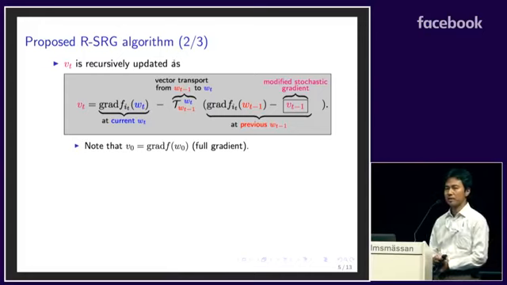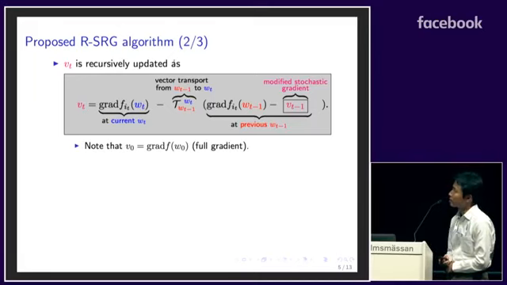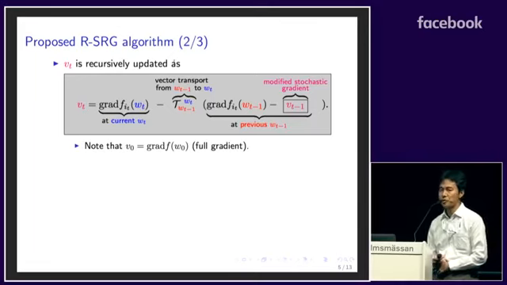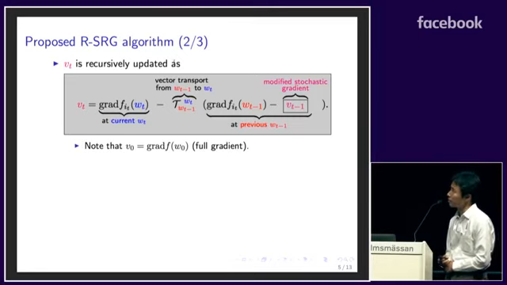This slide focuses on the distinct feature of our RSRG. The point is the calculation of the modified stochastic gradient Vt. This Vt is calculated from the stochastic gradient at the current point Wt, and also from the stochastic gradient at the previous iterate Wt minus 1, and also we use the modified stochastic gradient Vt minus 1.